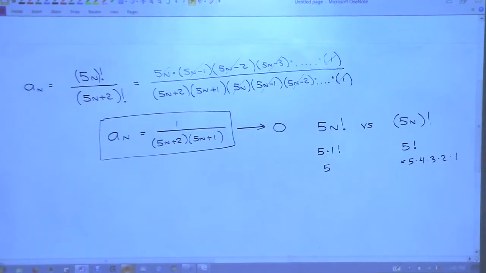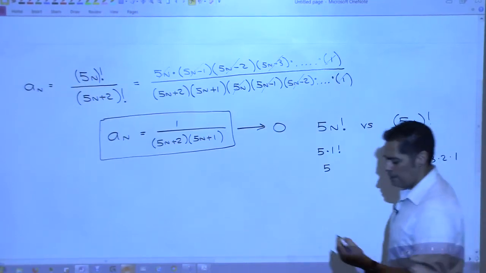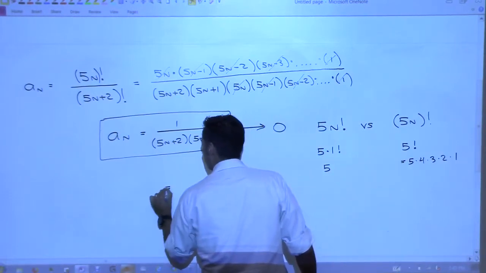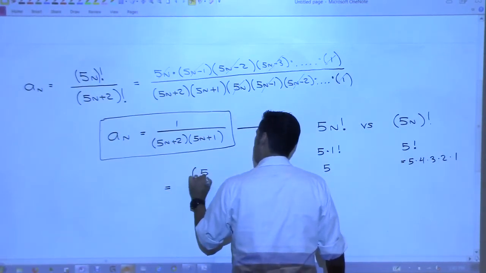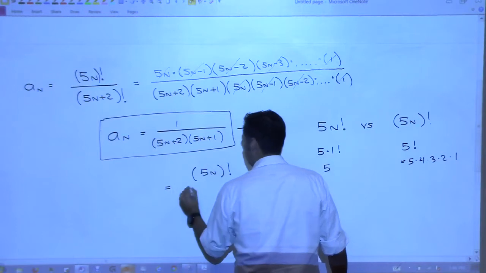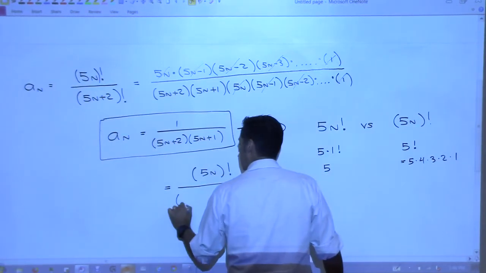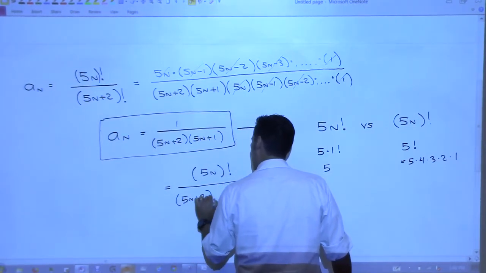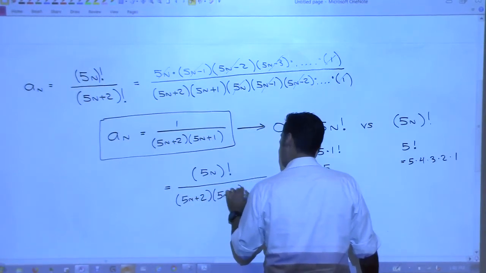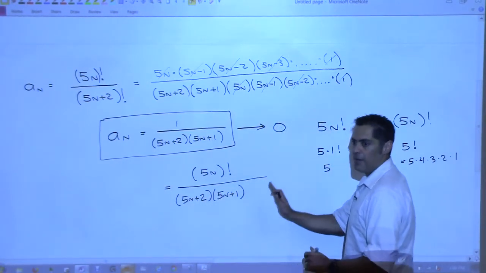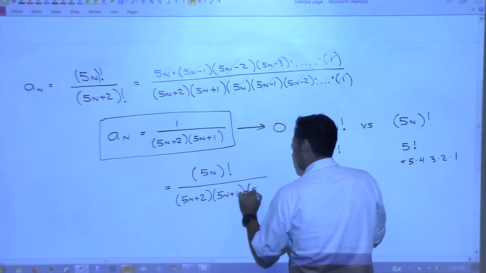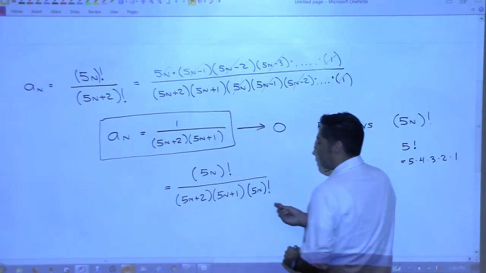Make sense? Now I'm going to redo it because if I were doing this problem, I would do it a little different. I would have said 5n factorial on top. I wouldn't have touched that one. Then I would have done 5n plus 2, 5n plus 1, right? And then I'm supposed to do 5n and then keep going, but the rest of it is 5n factorial, right?